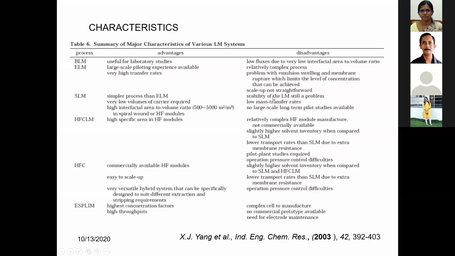You can scale up through this supported liquid membrane, which requires a lot of experimental studies before scaling the process. After scaling up, it can be converted into different types, such as hollow fiber modules.